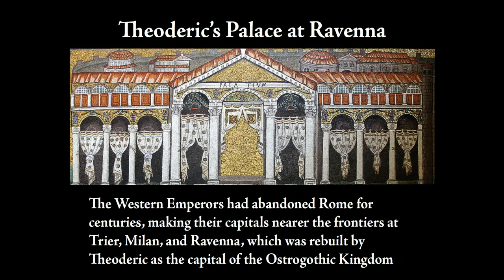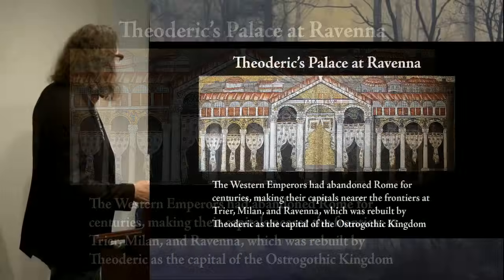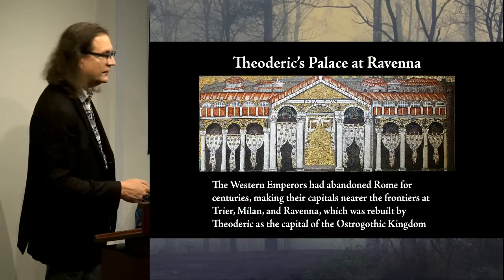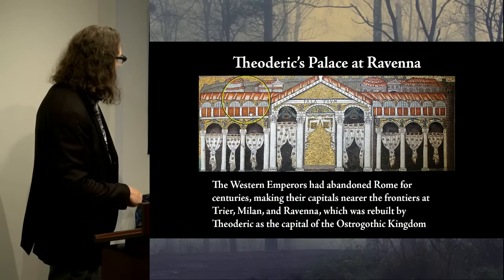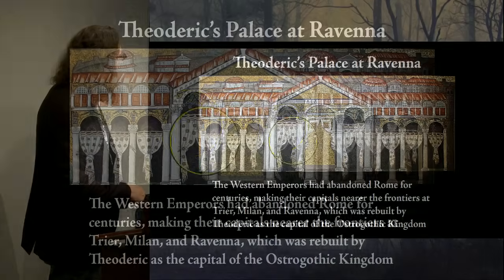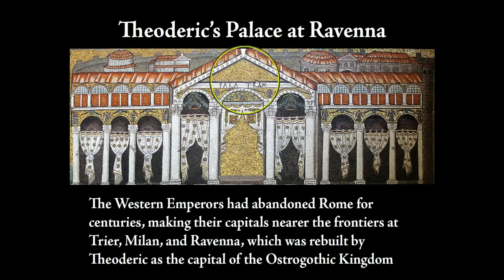So there's an ongoing use of Roman forms of architecture, Roman artisans, and indeed there are very vast building projects for the first time, which is why Ravenna has all of these wonders as the Ostrogoths get the state back going. And so you can kind of see here, this looks pretty Roman, right? So there's all these columns and arches and tile roof and everything like that.